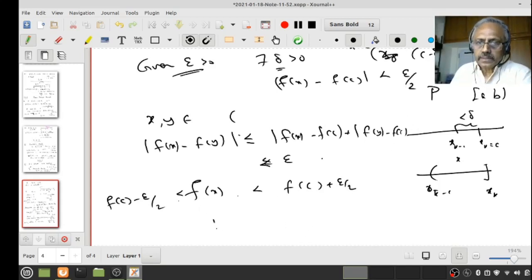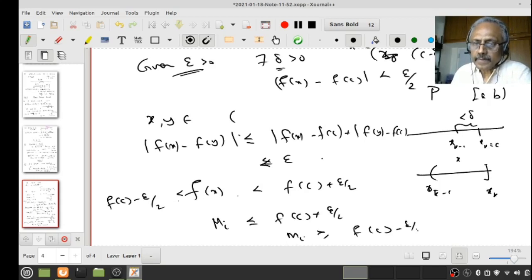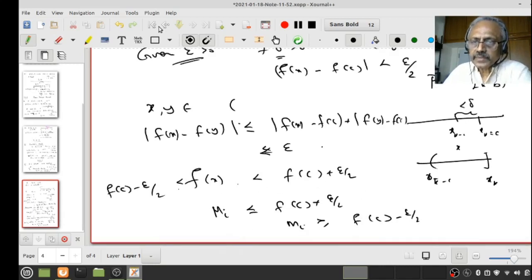Yeah. Therefore, what will be capital Mi? That will be less than or equal to f(c) plus epsilon by 2, and small mi, that will be greater than or equal to f(c) minus epsilon by 2. Therefore, okay, because I have to take GLB here and I have to take LUB there.